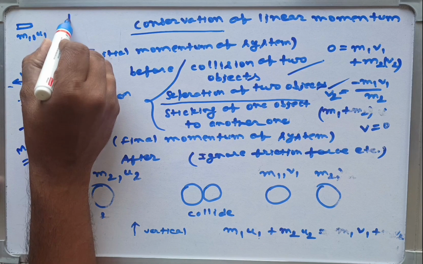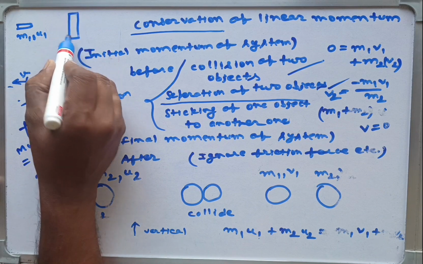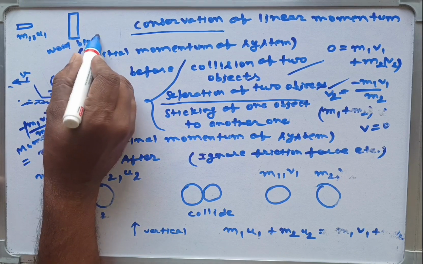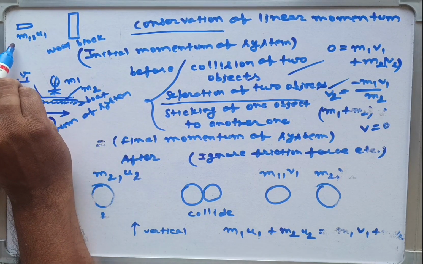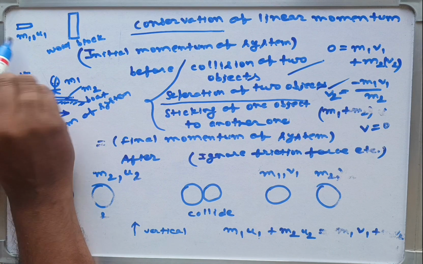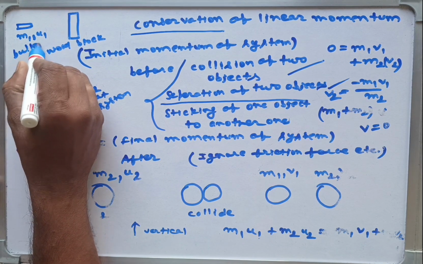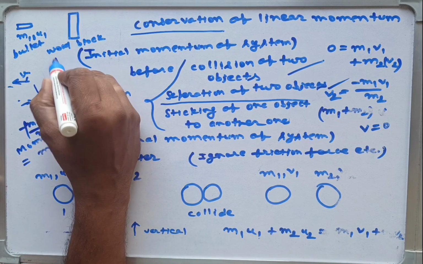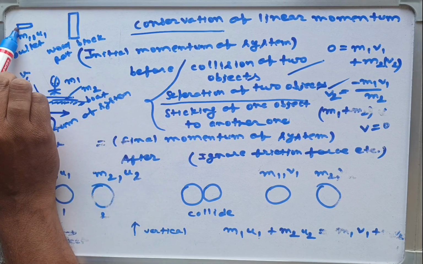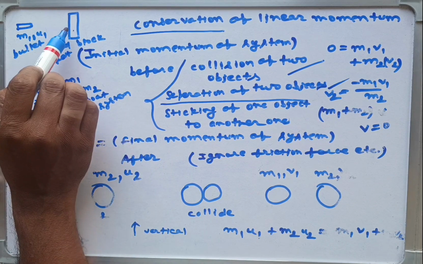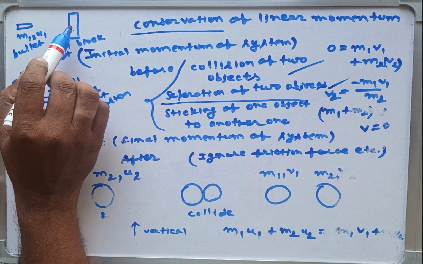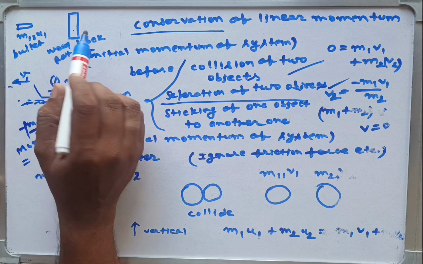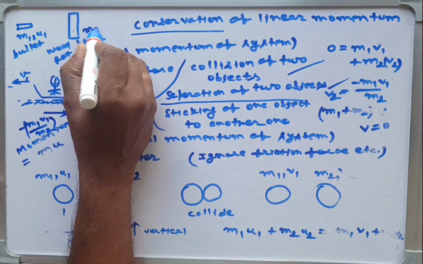Now suppose this one is a wooden block. The bullet strikes the wooden block, which is initially at rest, and penetrates it; it does not come out from the wooden block. The wooden block mass is m2.